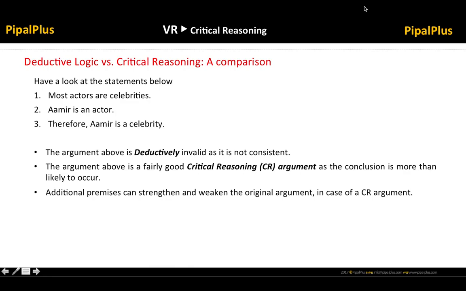In a critical reasoning discussion, we can have additional statements which may or may not strengthen whatever we are trying to say. There's a more detailed discussion that follows. For logicians, the term valid is applicable only for deductive arguments. It is not valid for critical reasoning arguments.